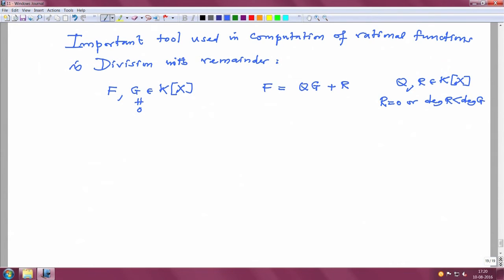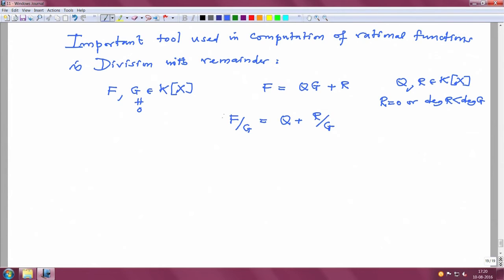The same thing I can use for rational functions, and the same equation I rewrite as f by g equal to q plus r by g. I just divided both sides by g.